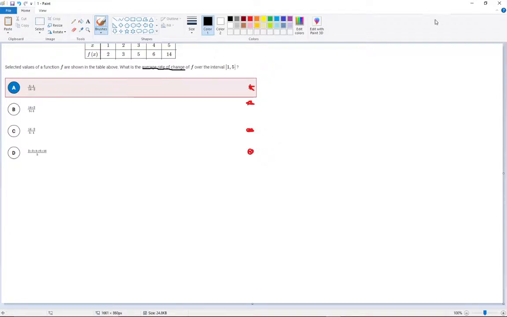The formula for average rate of change is f of b minus f of a over b minus a, meaning the endpoint minus the beginning point over the endpoint minus the beginning point. So it's kind of like distance over displacement, distance and velocity. It relates to the same concept.